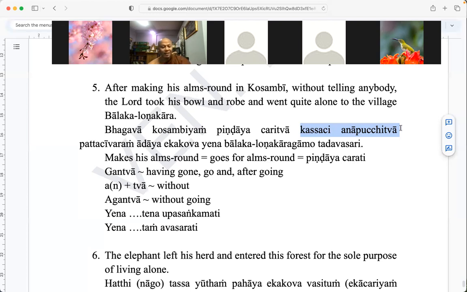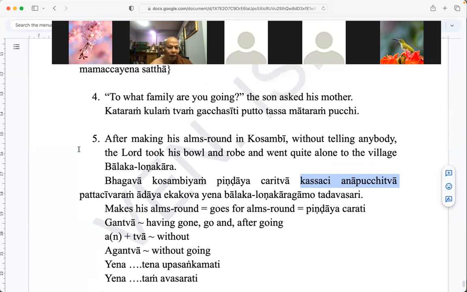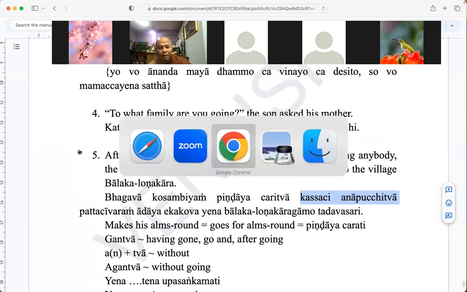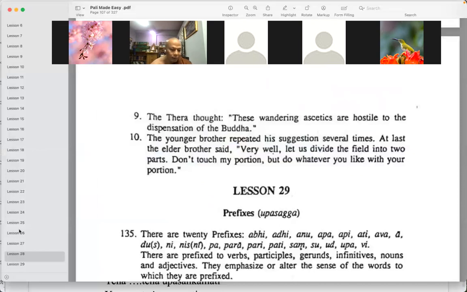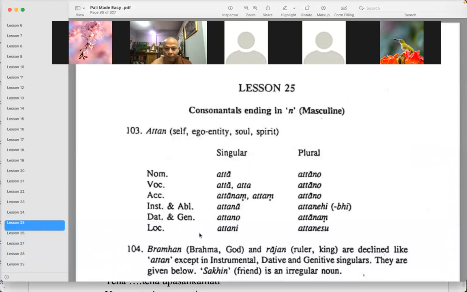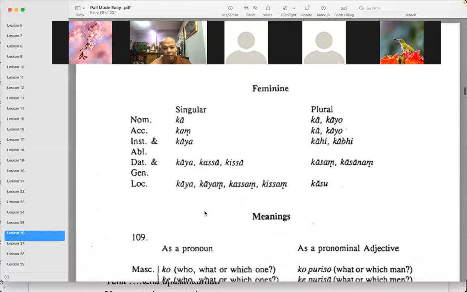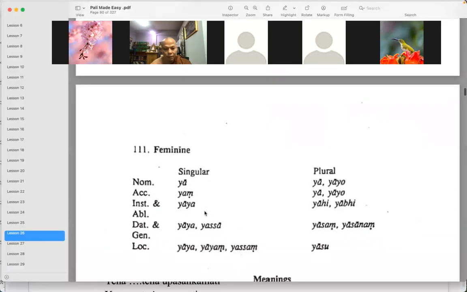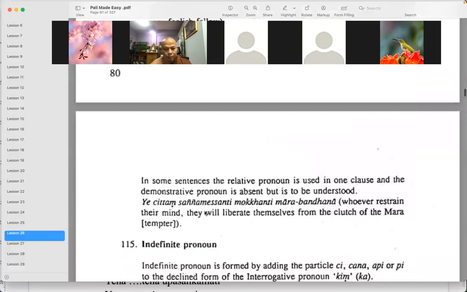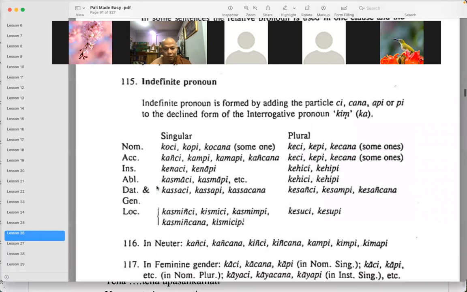So maybe in the lesson 25, no, in the 26, for the indefinite pronoun, the dative is kasaji, you see? Oh yeah. This one. Koji is nominative case. So I got that point. Thanks, Bante. I forgot this point. Okay.